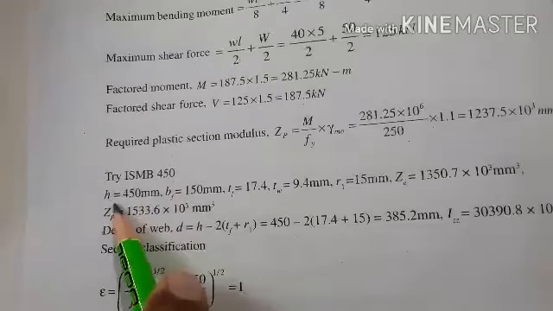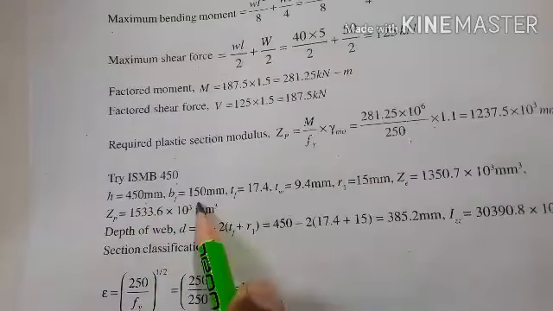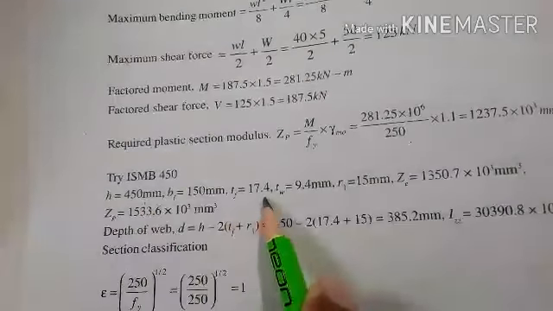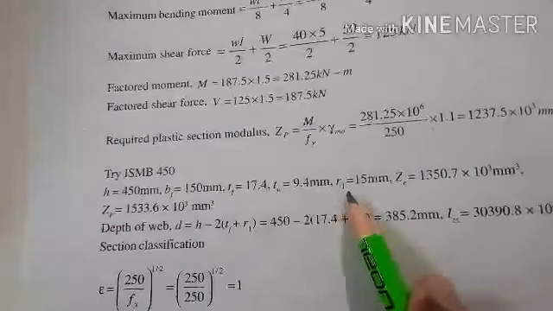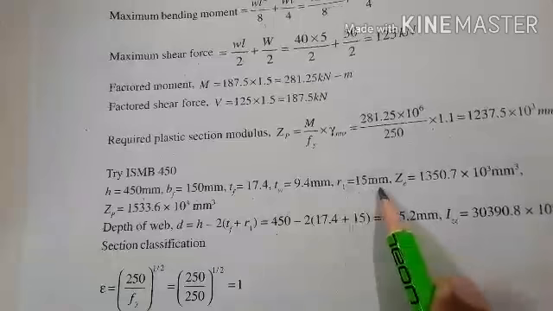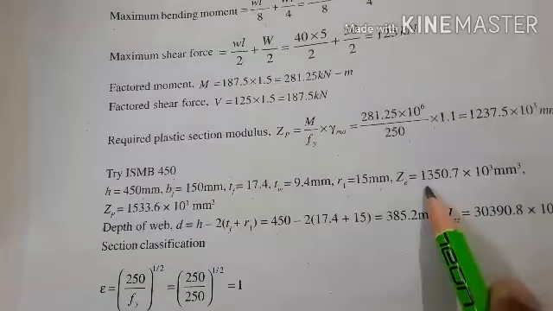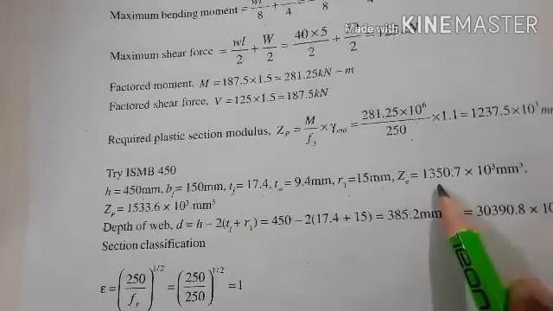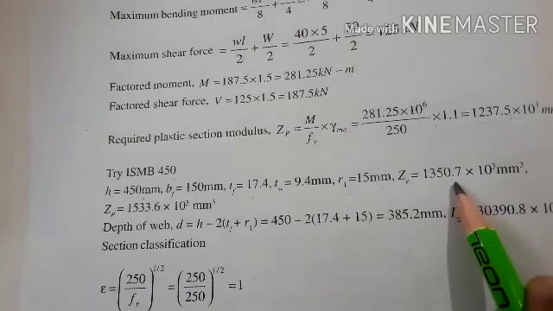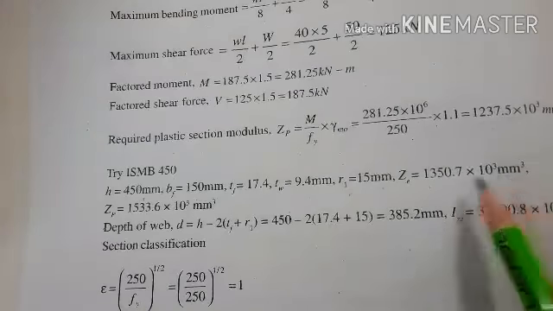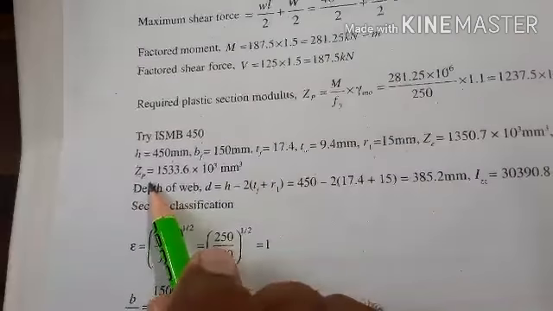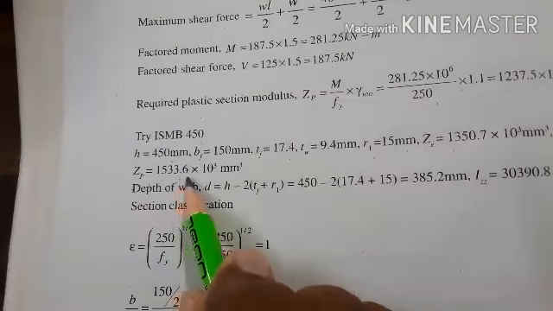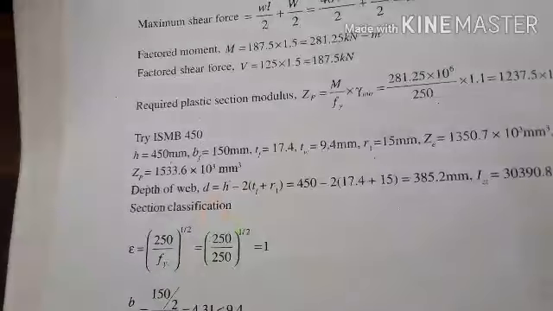For that, H is 450 millimeter, width of the flange is 150, thickness of flange is 17.4, thickness of web is 9.4 millimeter, and root radius is 15 millimeter. Then the elastic section modulus is 1350.7 into 10 to the 3 millimeter cube. Then the plastic section modulus is 1533.6 into 10 to the 3 millimeter cube.